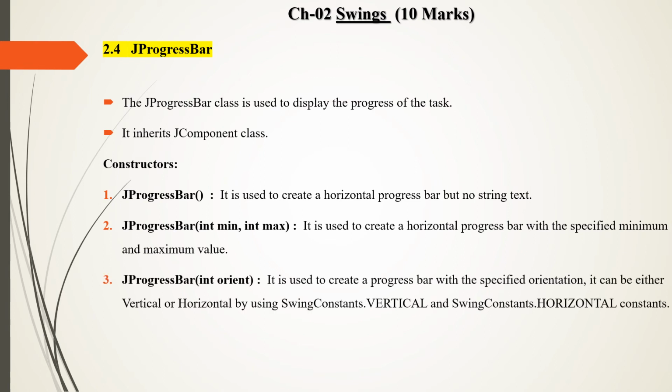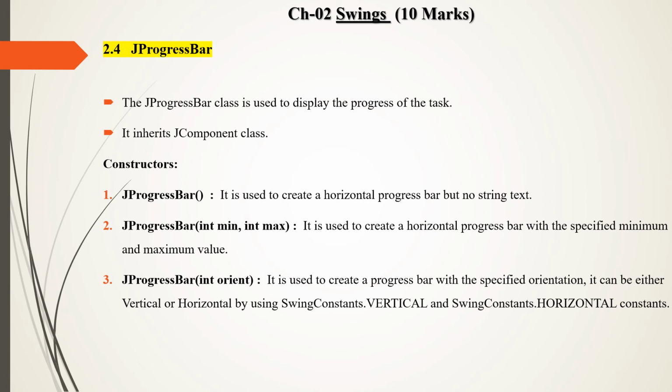Then the third constructor of JProgressBar has one parameter, integer orientation. It is used to create the progress bar with the specified orientation. It can be either vertical or horizontal by using SwingConstants.